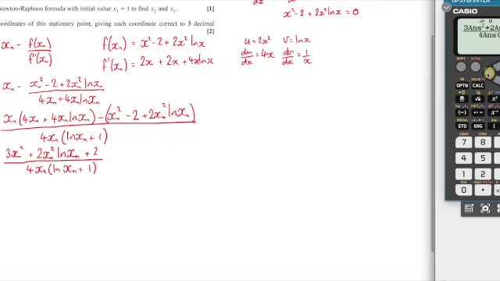I just need to close that bracket. I need to open that one, close that one, sorry.